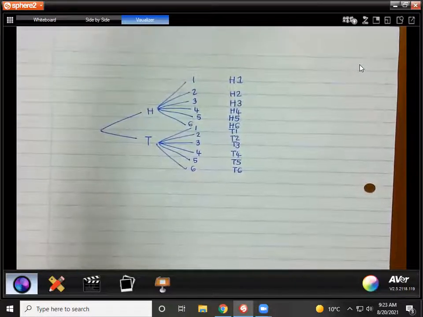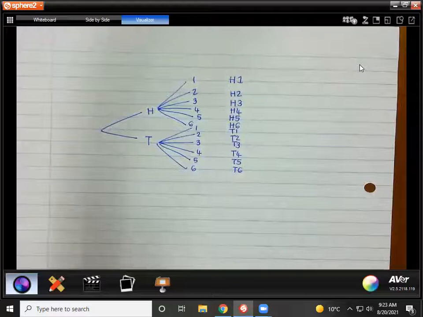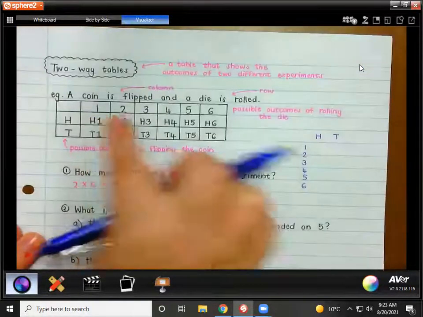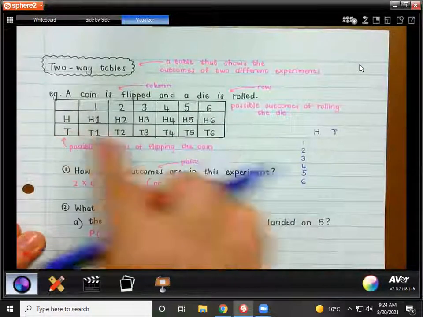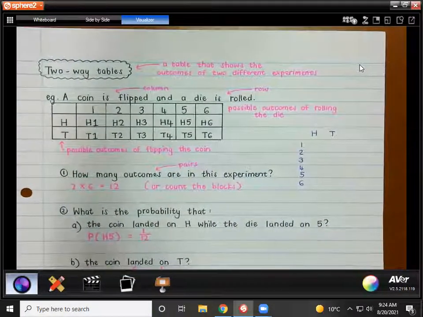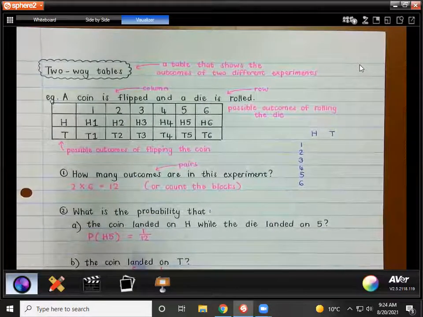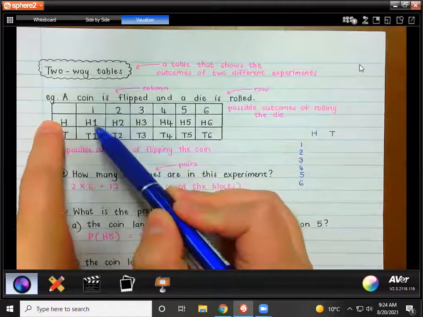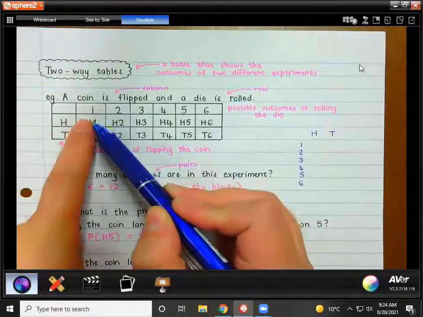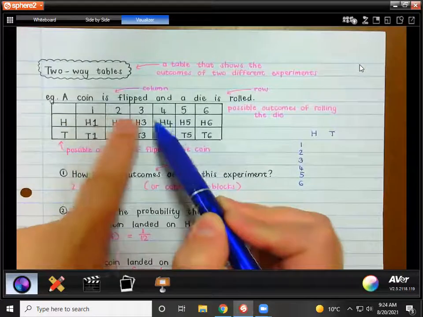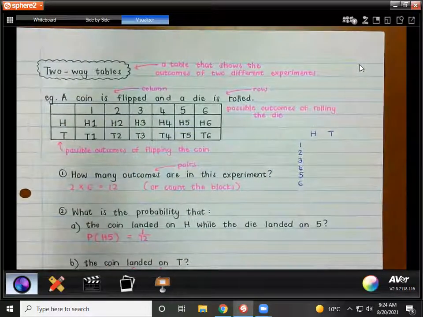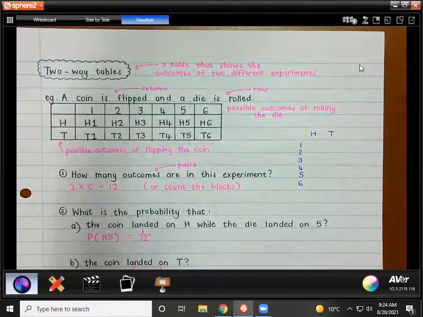How many possible outcomes do we have there all together to count all of them? 12. How many blocks do I have in my table? 12. All right. So instead of matching them up as branches, one leading onto another one, we're matching a row with a column. Right? Heads and 1, heads and 2, heads and 3. Does that make sense? So it's just a different way of summarizing the possible outcomes that you can have.